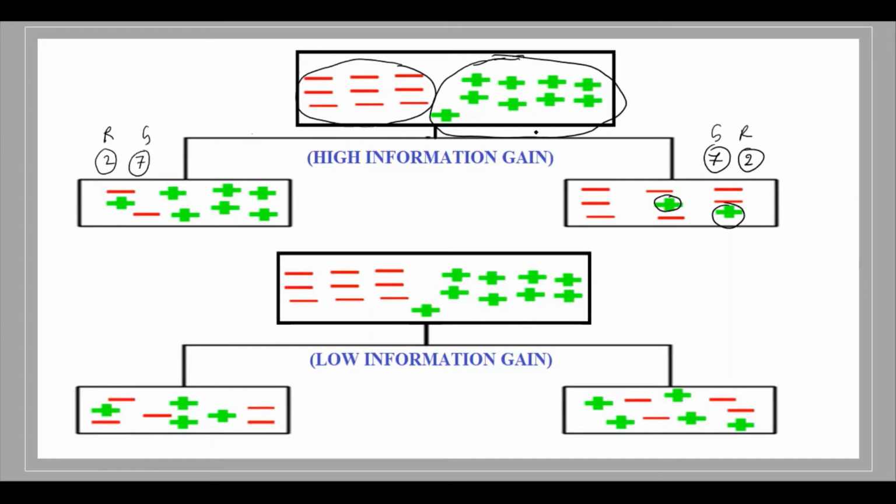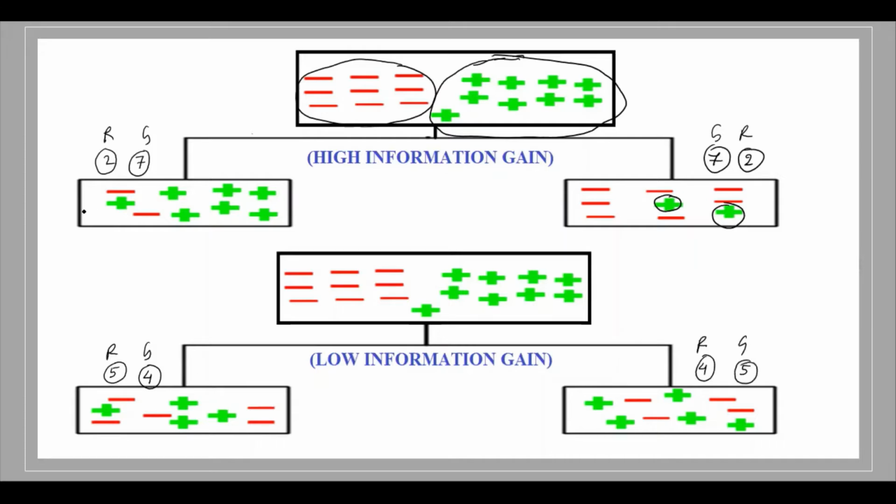Here green, red. This is better or this is better? If you see this one here, 1, 2, 3, 4, 5, so we have 5 red here and 4 green here. And we have 4 red here, 5 green here.